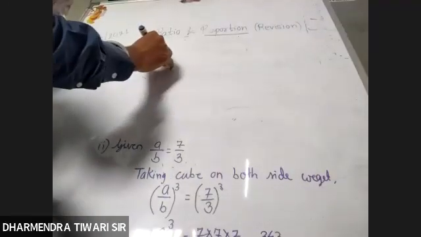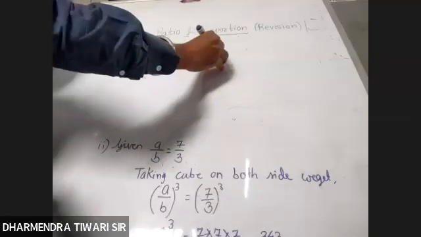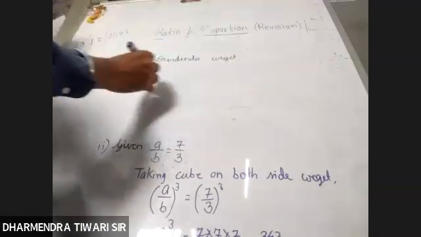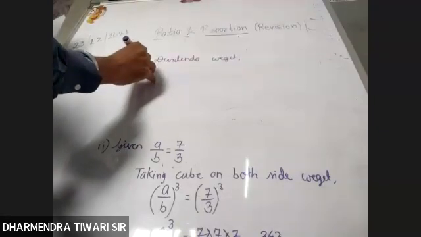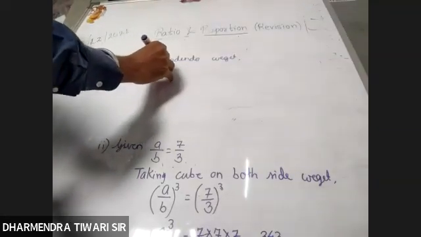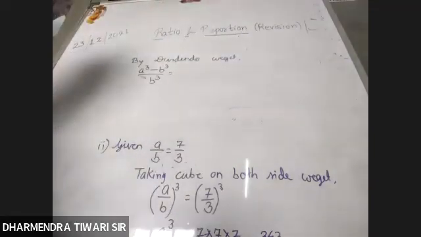by dividendo we get a cube minus b cube divided by b cube. Means we are subtracting denominator from numerator.